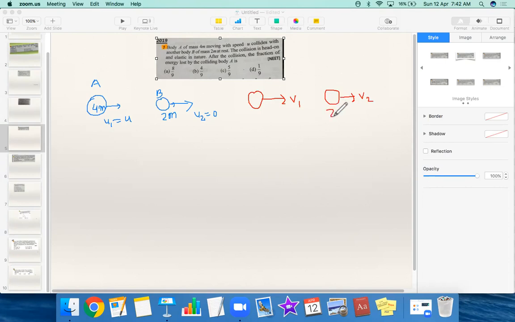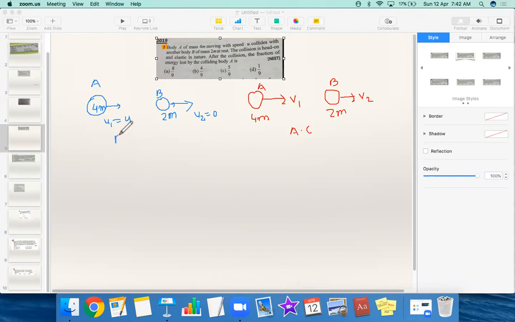Mass is 2m, mass is 4m. This is A, this is B. After collision, this one is after collision, and this is before collision.